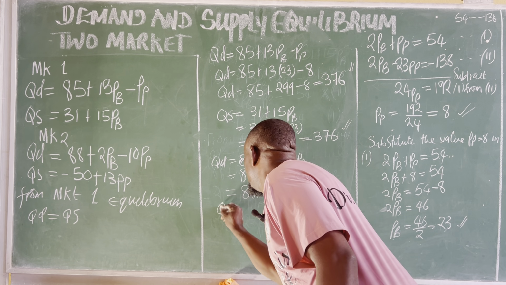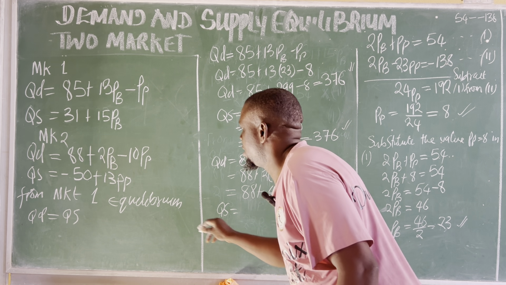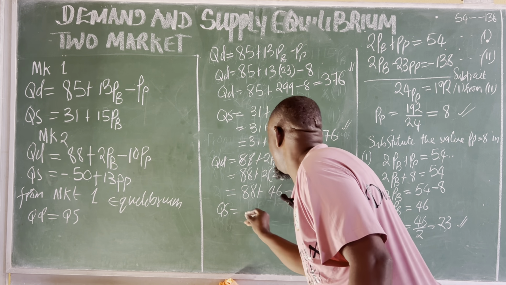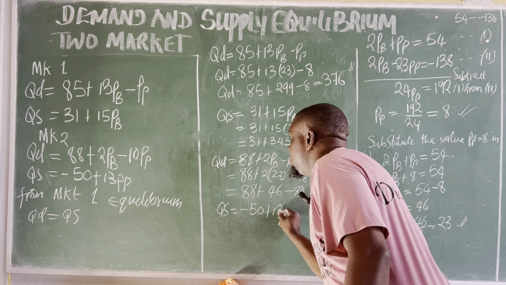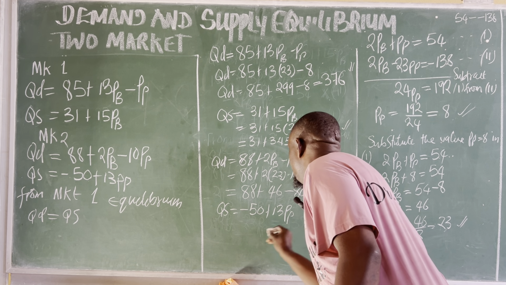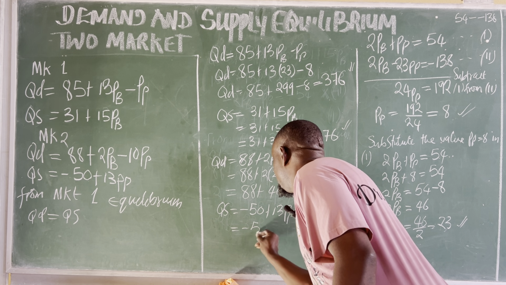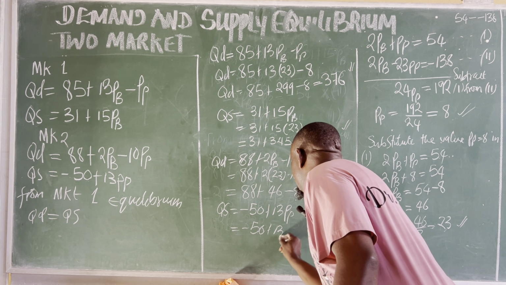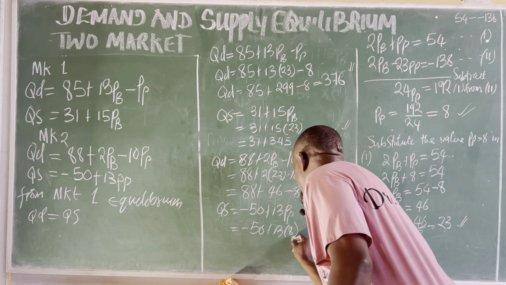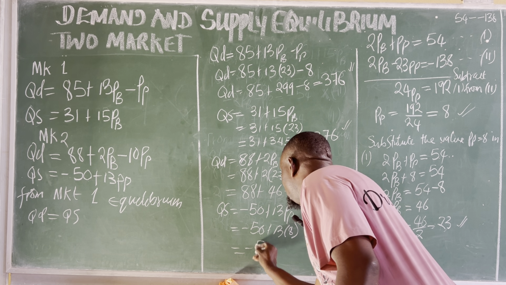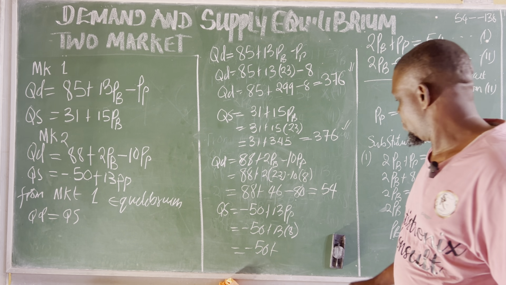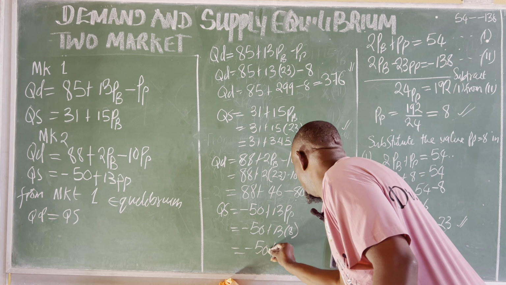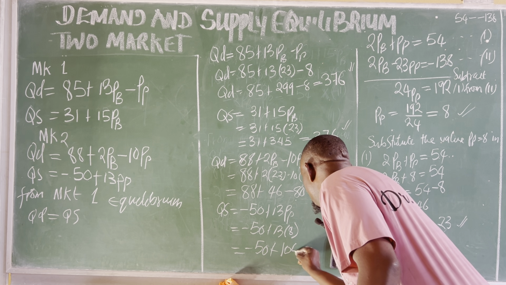Now, what's the equilibrium quantity supplied in the second market? Our QS is equal to minus 50 plus 13PP, which will be equal to minus 50 plus 13 times our PP, which is 8, which is 104.